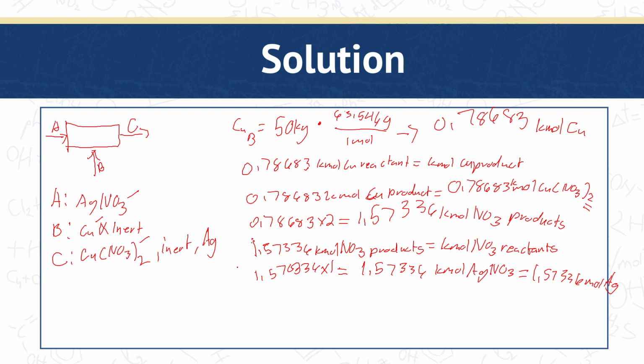And then repeat this once again. Whatever's in your product is in your reactant. That means you're going to have 1.57336 kmol of silver in the reactant, which is equal to, oops, not silver, it's kmol, excuse me.